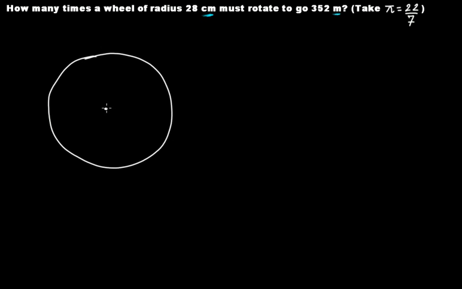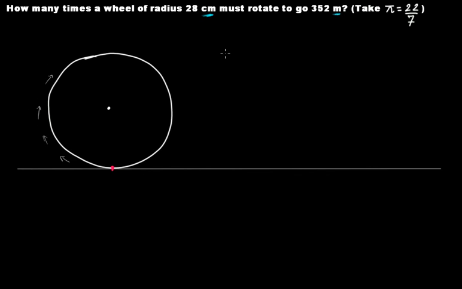Okay, so it's saying that if it travels, let's say this is our surface. So imagine that from this point, from here, this mark is on the wheel, and it started rotating. So it went here, then here, then here, then here.